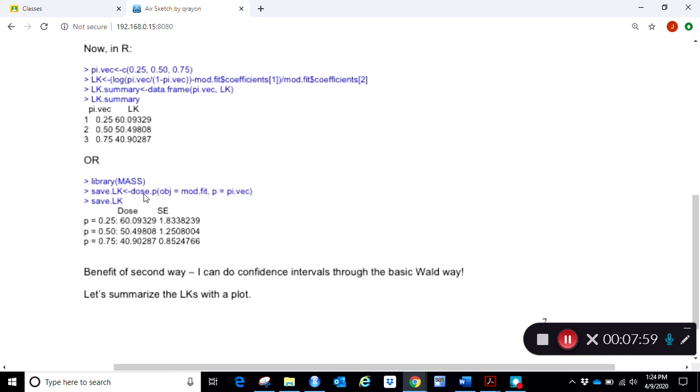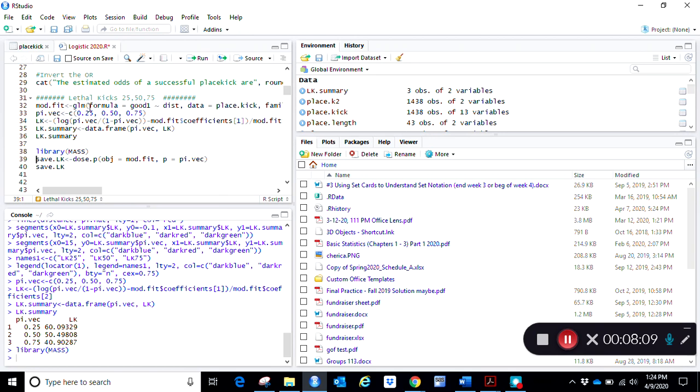So this function does it for us. The two different things that it needs to know is the fit of your model. So this mod.fit is where I stored my original model up here, where I have predicting the success based upon the distance. And that's what I named it.